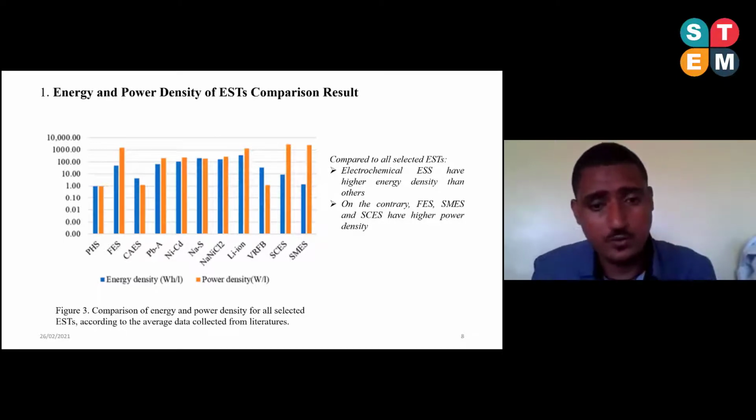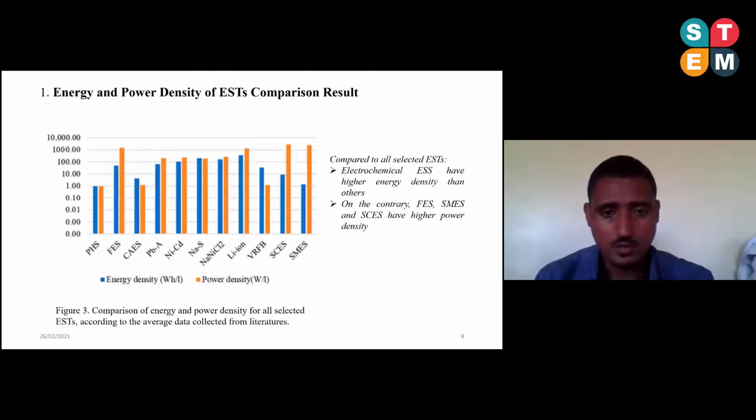High power density means their discharge time is low, and such energy storage technology is applicable especially for power quality applications and intermittence balancing. So this is the comparison in terms of energy and power density of the selected energy storage technologies.